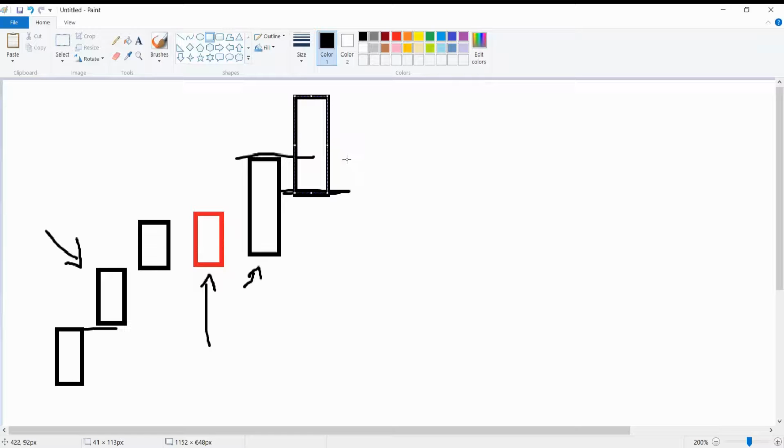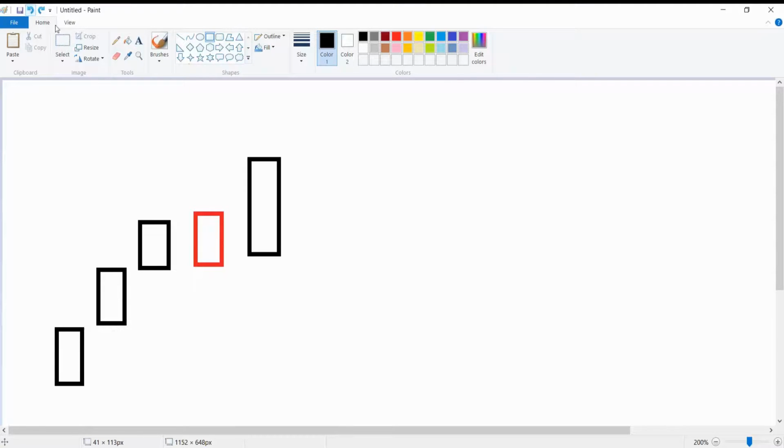What if it gaps in favor of the trend? What if it gaps in the direction of the trend? Stock gaps up here. You could defend it. What direction is this one most likely to go?